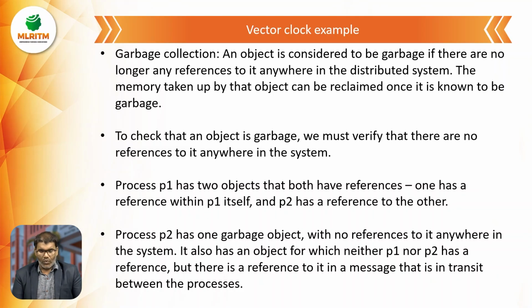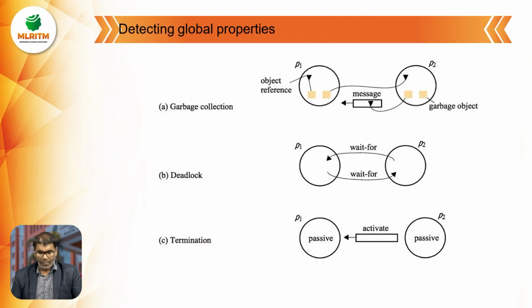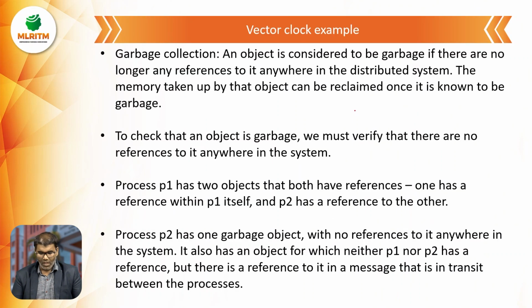Next, process P1 has two objects that both have a reference. One has a reference with P1 itself, and the second one has a reference from P2. Like this, process 1 and process 2 both have references. And process P2 has one garbage object with no reference to it anywhere in the system.